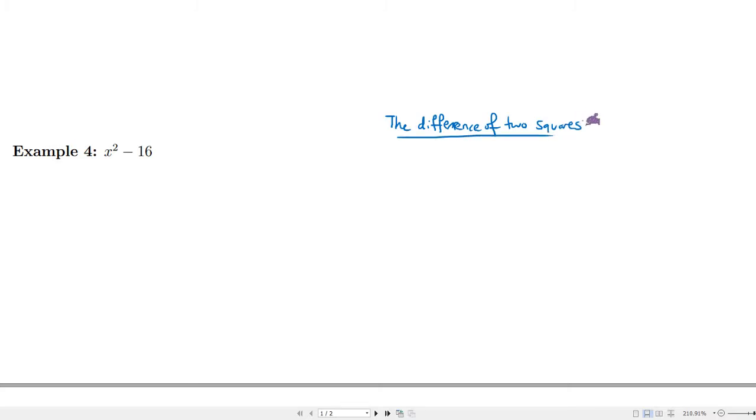If you have a product of the form a plus b and a minus b, when we FOIL this out, we'll have a squared minus ab, and then plus ab, and then minus b squared. So you see that the middle terms cancel, and you just have a squared minus b squared. This is why it's called the difference of two squares.